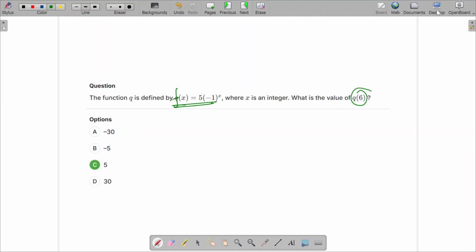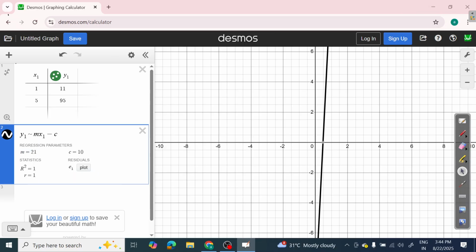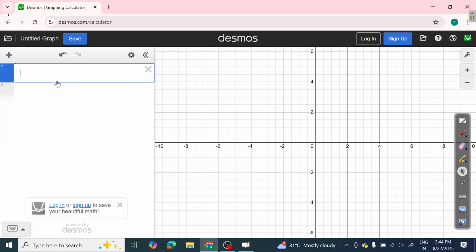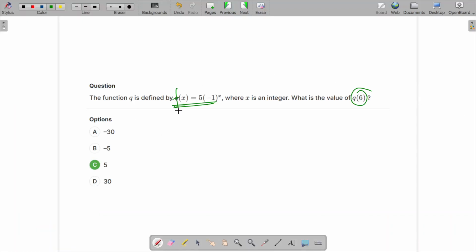F of x equals 5 times negative 1 raised to the power x. I forgot, let me check.